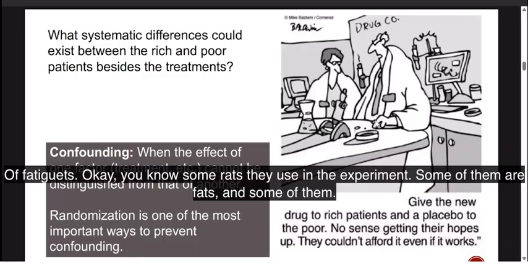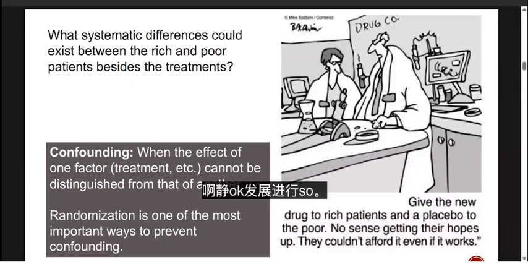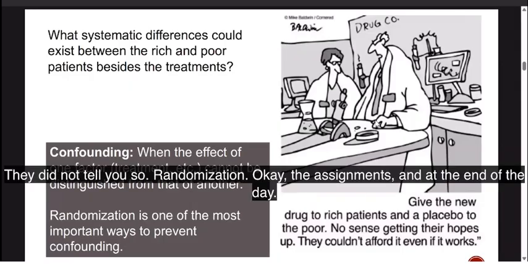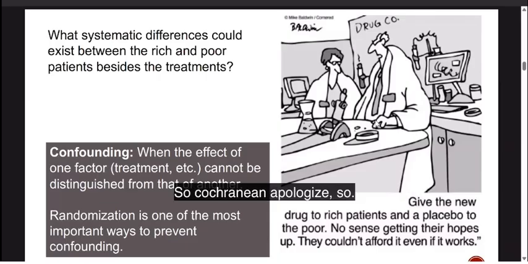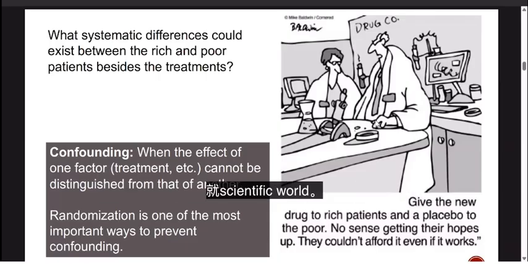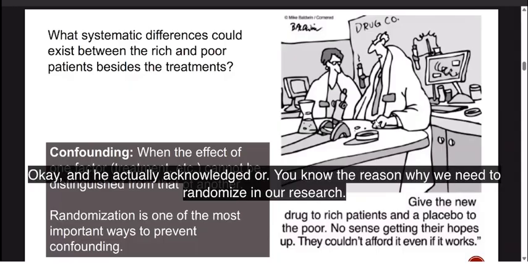Some of the rats in the experiment were fat and some were thin. They did not use randomization in the assignment, and at the end of the day, they were not able to isolate the effects of the treatment. So Cochrane apologized to the scientific world, and he acknowledged the reason why we need to randomize in our research.